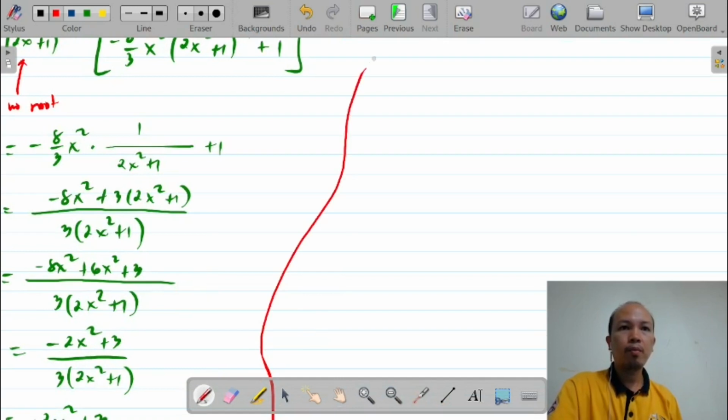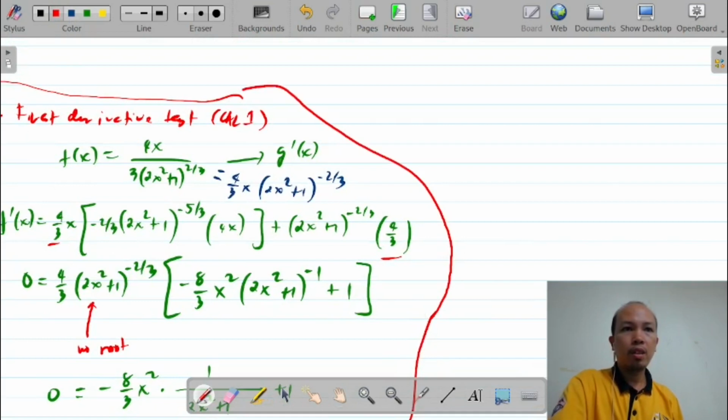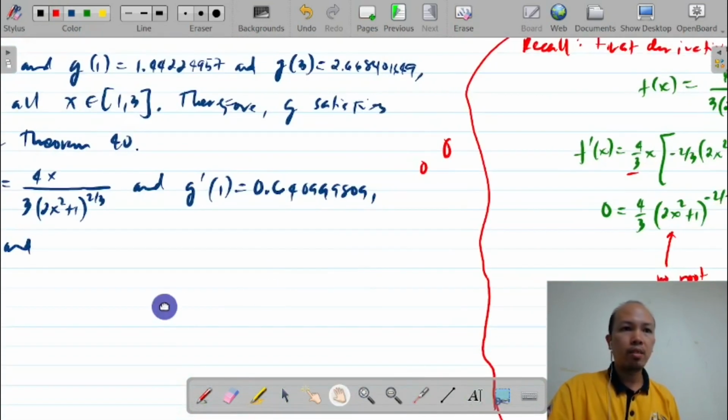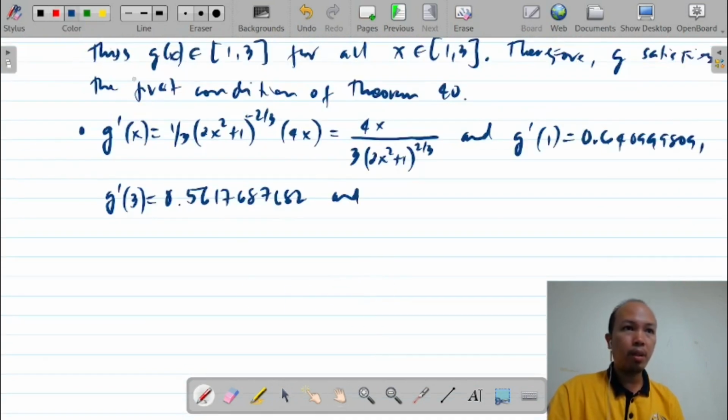Okay. That computation for our maximum value. So just look at the graph. Okay, just look at the graph. So that's our k. Okay, and let's continue our g prime.